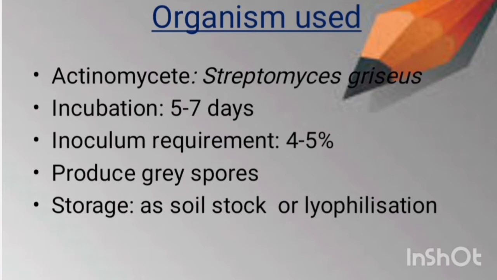So the first step in the fermentation process is the culture preparation. The Streptomyces griseus inoculum is introduced into suitable media. The inoculum requires 5 to 7 days incubation at 28 degrees Celsius.